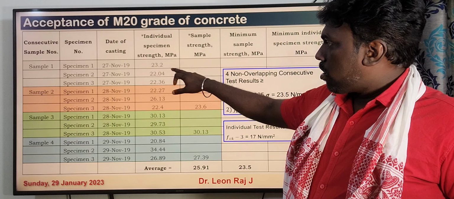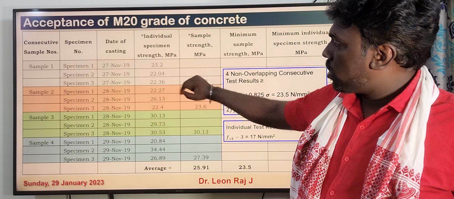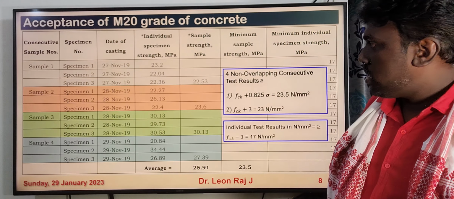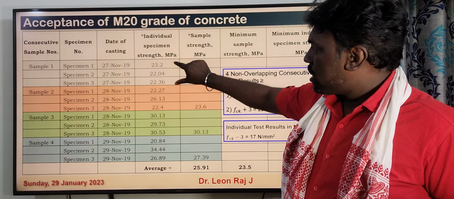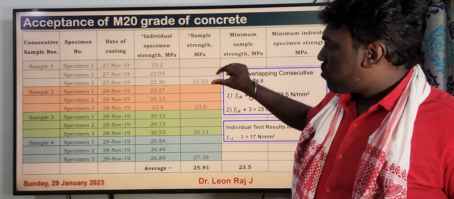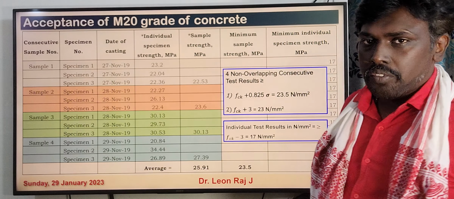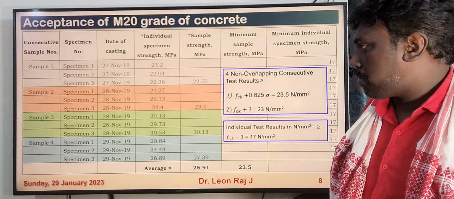On 27 November, the individual specimen strengths are 23.2, 22.04 and 22.36. The average of 3 specimens of sample 1 is 22.53 MPa. The individual specimen strengths of sample 2 are 22.27, 26.13 and 22.4 MPa. The average of these 3 specimens is 23.6 MPa.